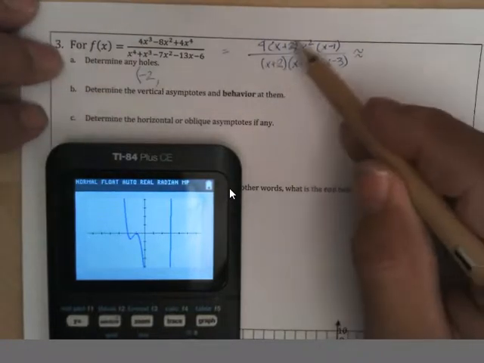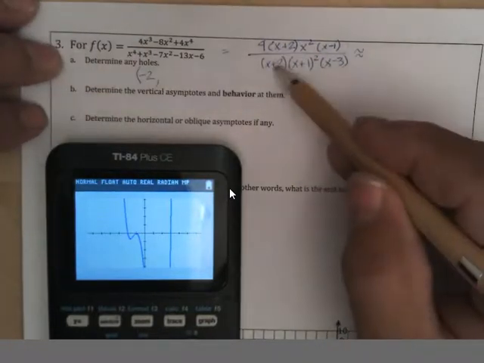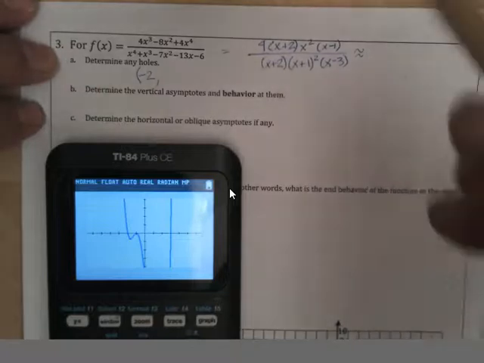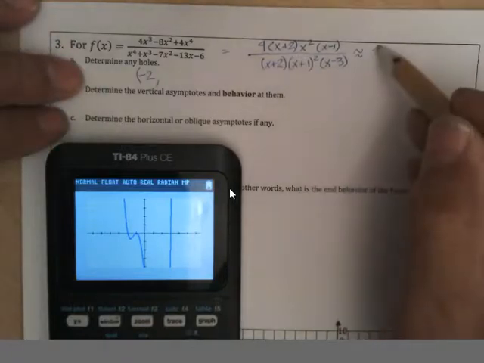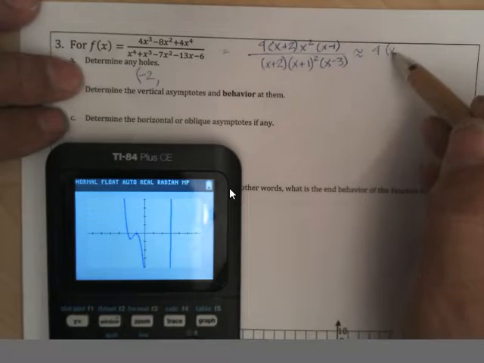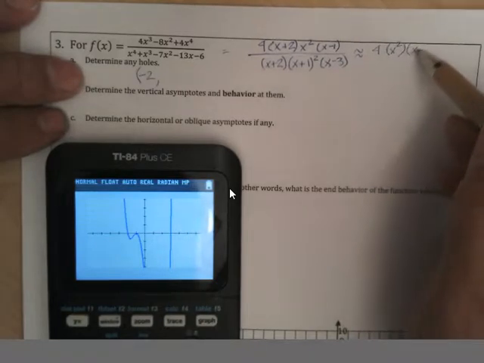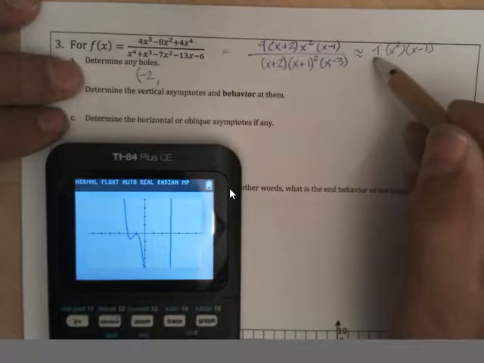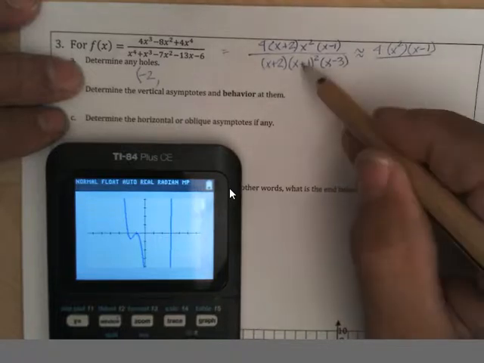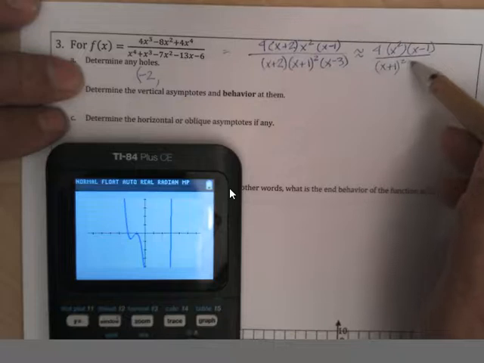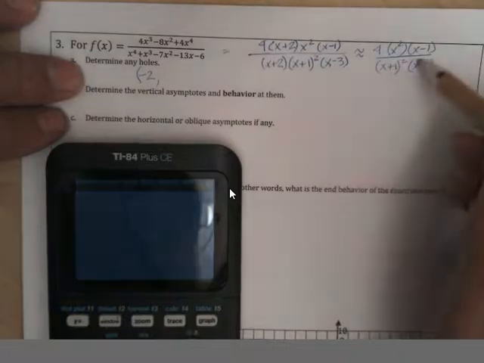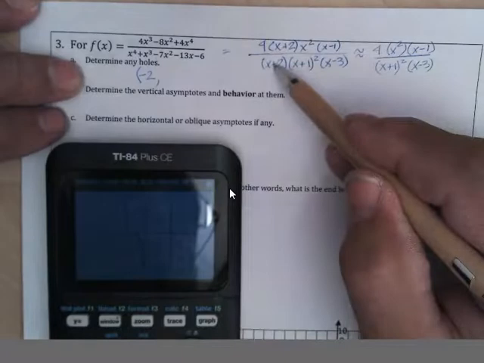So I'm going to cancel those out, and there's no x plus 2 left, so this is going to be a hole. And I have 4 times x squared times x minus 1 over x plus 1 squared times x minus 3. This is going to look the same except without the hole.